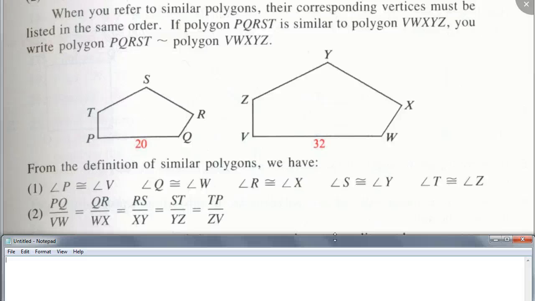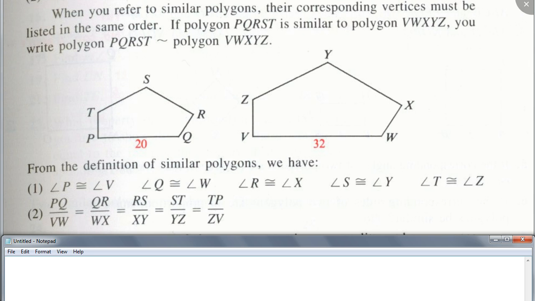Should we say 5-to-8 or 8-to-5? 5-to-8. Why 5-to-8, not 8-to-5? You're right. It's in order. Which order? The thing you say first. So we're talking about the smaller polygon first, and then the bigger one, right? Does that make sense?